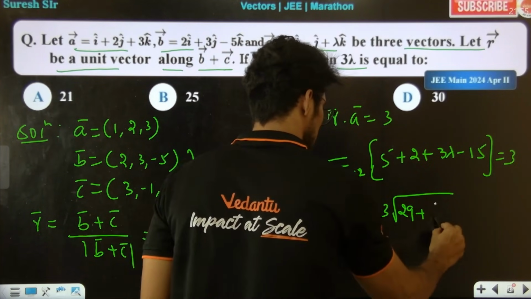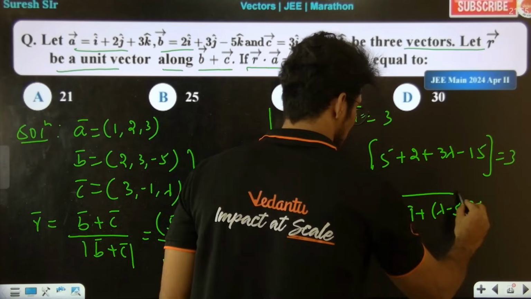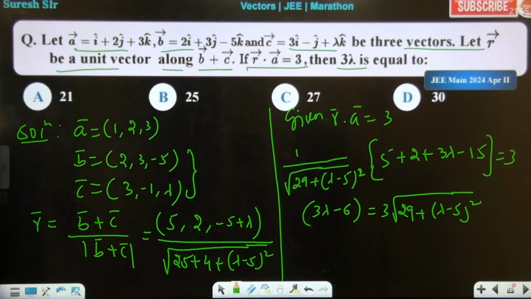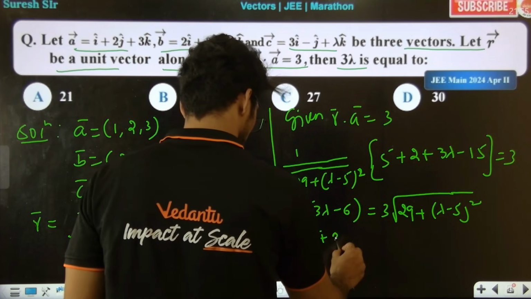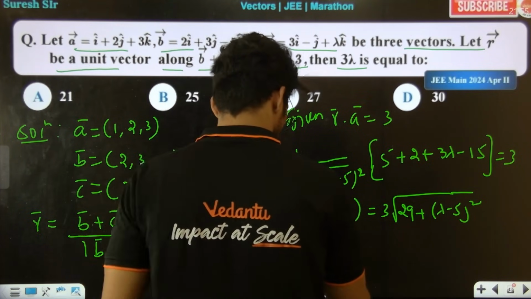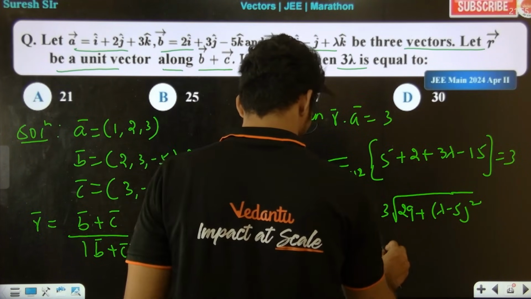Squaring on both sides. Can we do squaring on both sides? Yes, sir. So on the left we get a square, b square minus 2 times 6 is 12, that is 36 lambda.